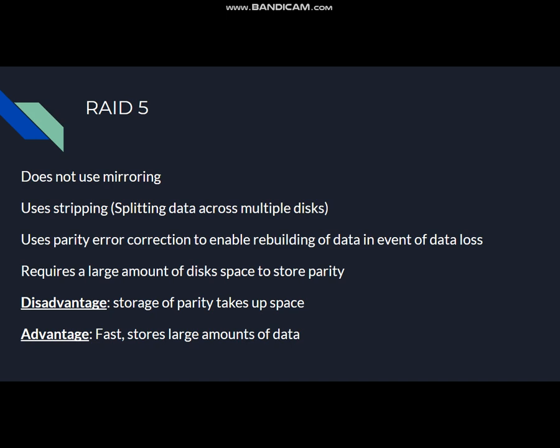And because of this additional parity bit that we're storing for each piece of data that we're storing, then what it means is that we're having to use up a lot more disk space for storing data. So a disadvantage of RAID 5 is that it uses a lot of space. But the advantage, however, is that it's fast and it stores large amounts of data.